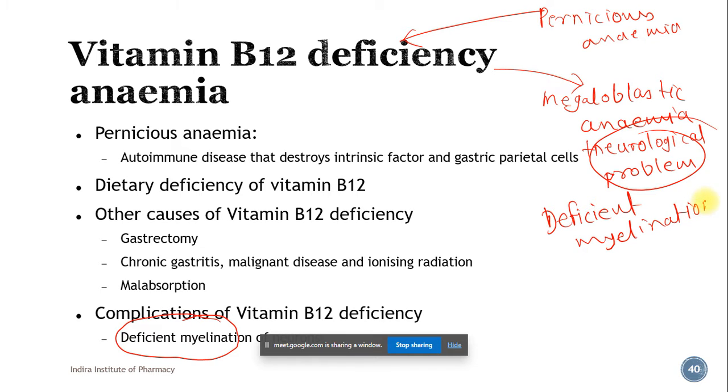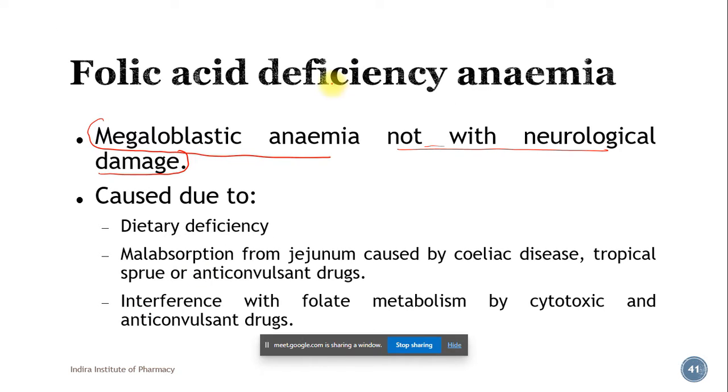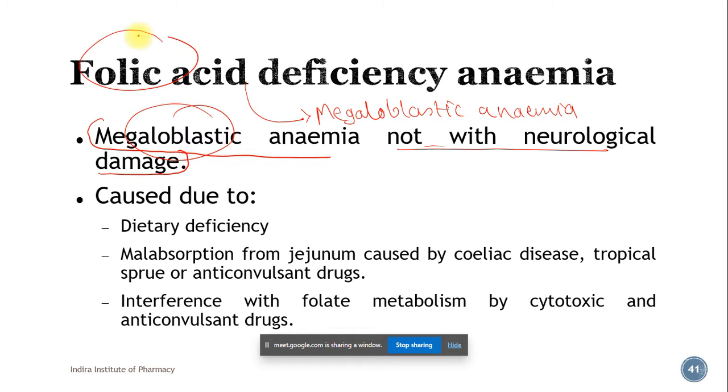Okay. But in case of the folic acid deficiency anemia, which will also cause the megaloblastic anemia, this folic acid has nothing to do with the myelination, so it doesn't play any role in myelination of neurons.